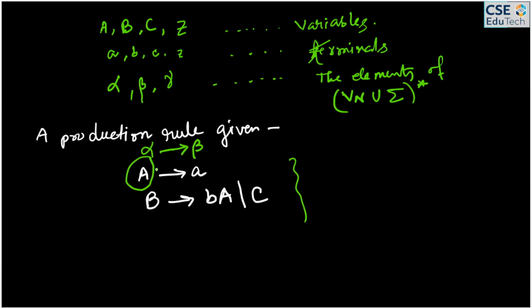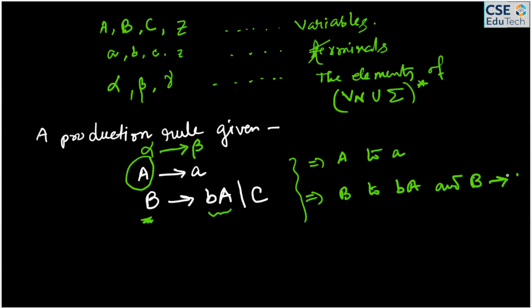In B to BA, beta is a combination of terminal as well as non-terminal. And B to C, here it is a non-terminal.